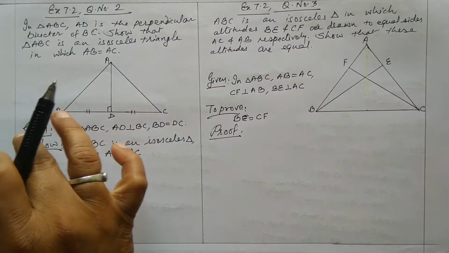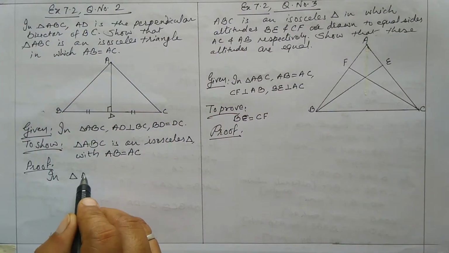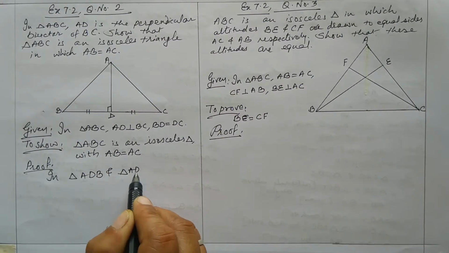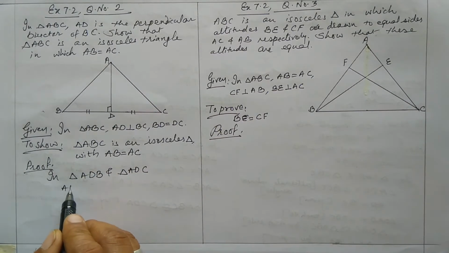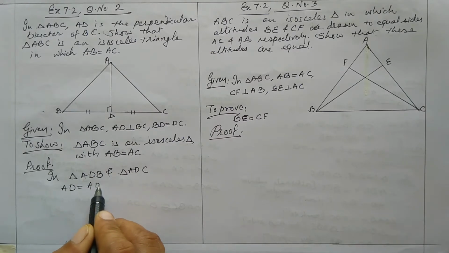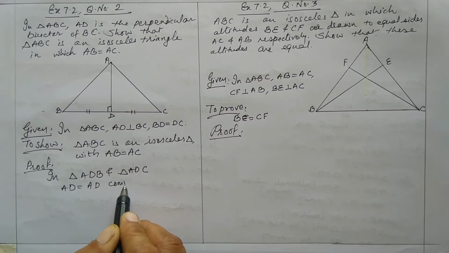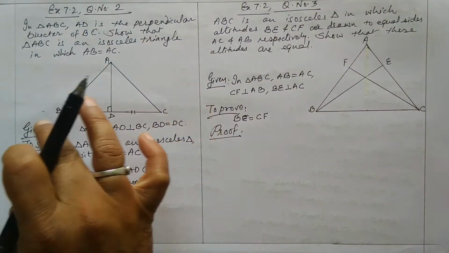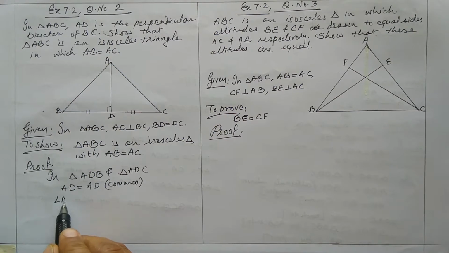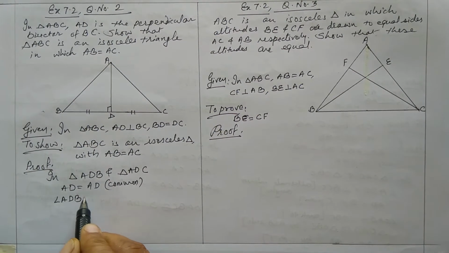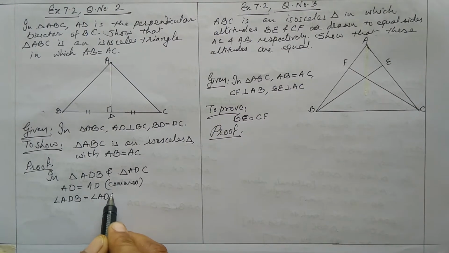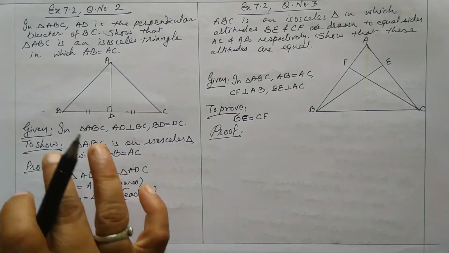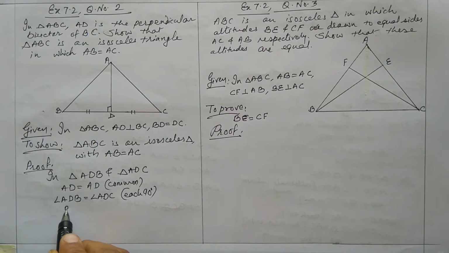In triangle ADB and triangle ADC, what you can say? AD is equal to AD, common side. Then angle ADB is equal to angle ADC, each 90 degree, and BD is equal to CD.